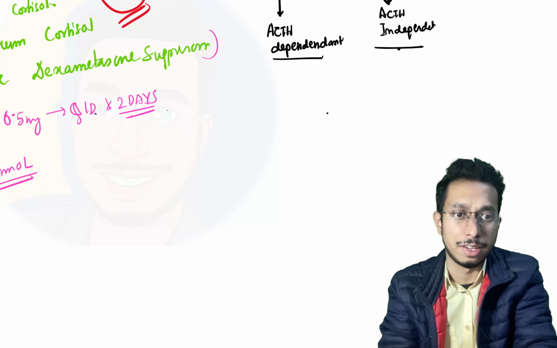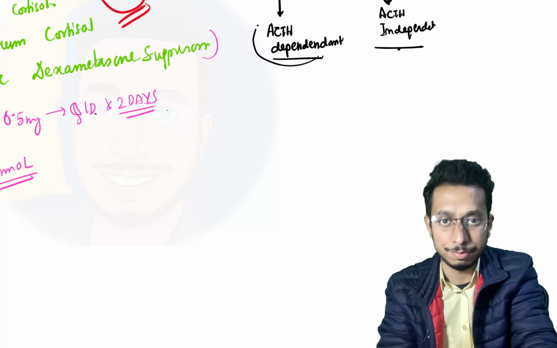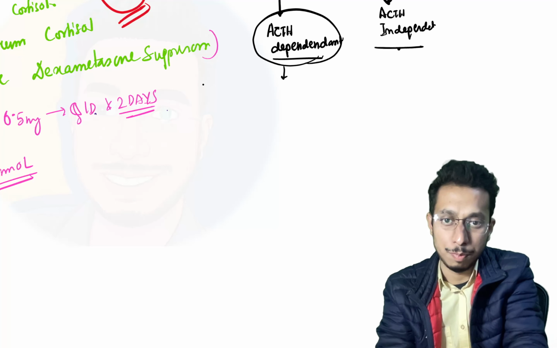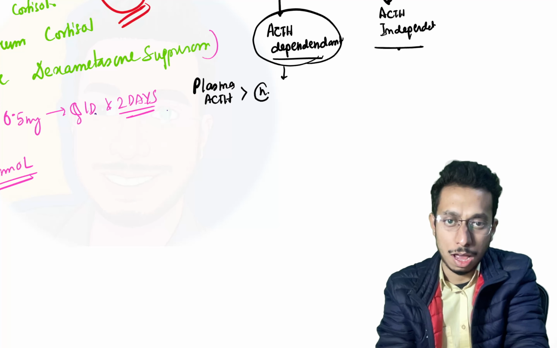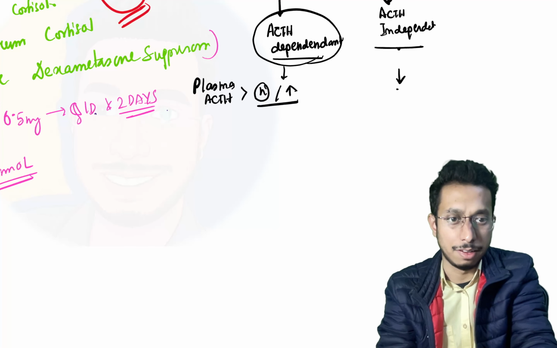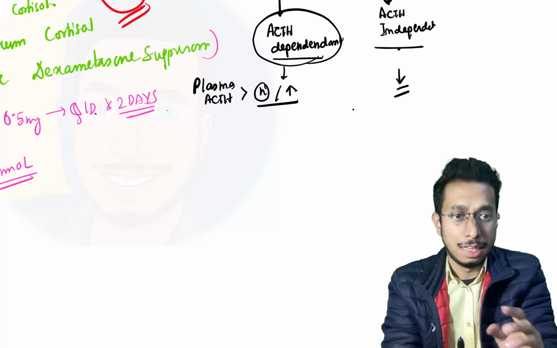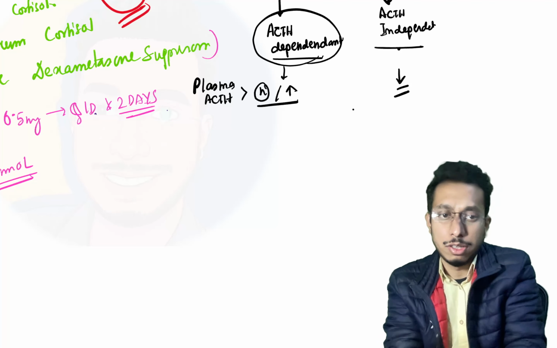Just check the plasma ACTH level. If it is more than normal or high, it is ACTH dependent Cushing, and if it is low or suppressed, it is ACTH independent.